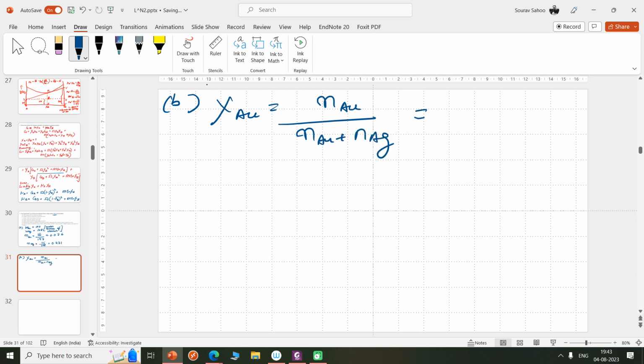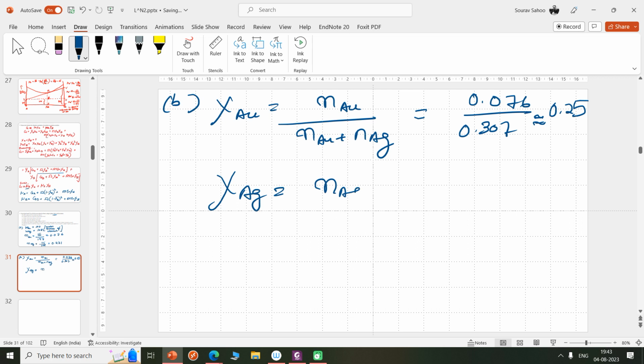So 0.076 by, if I add it up, it should be 0.307, which gives me 0.248, or rather 0.25 approximately.